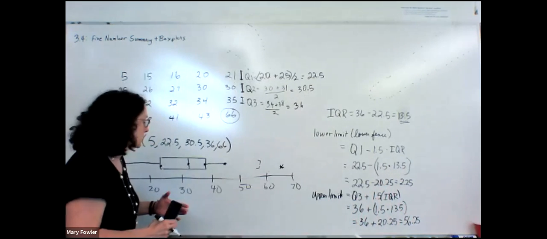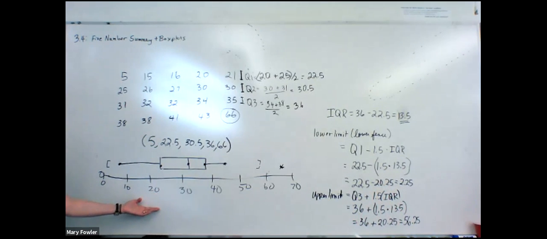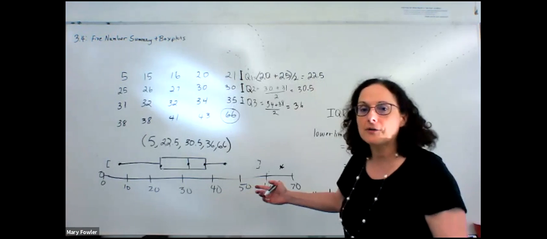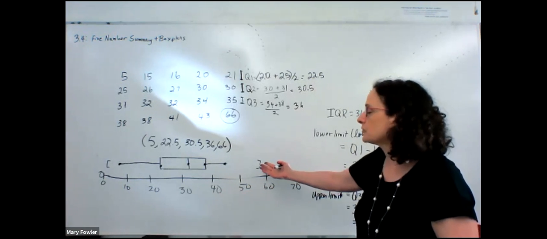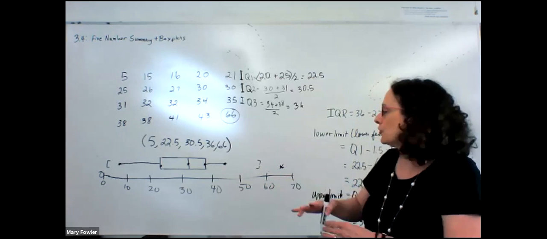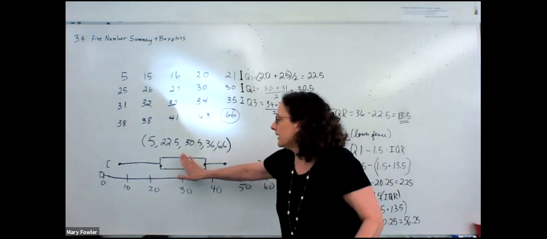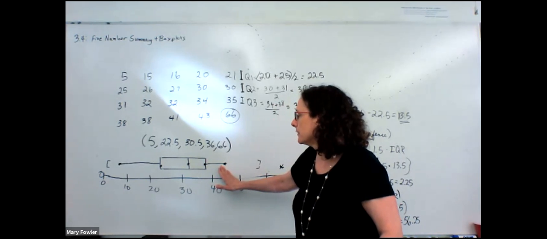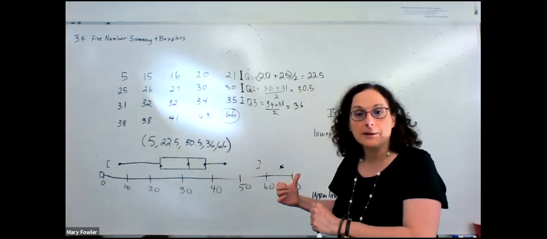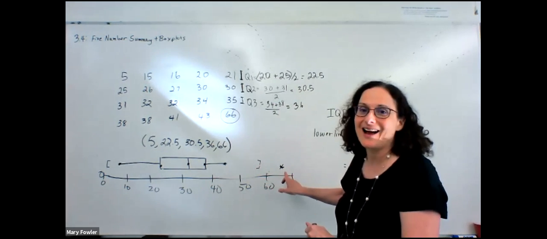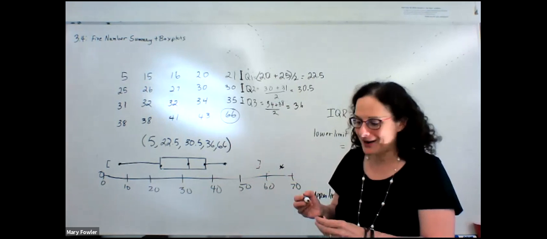Okay, so here we have what we call a modified box plot, and the modified box plot is nice because, without any sort of confusion, it very easily shows you what the box plot is without the outlying point, the outlier, but it also includes the outlier, so you don't actually lose the information.